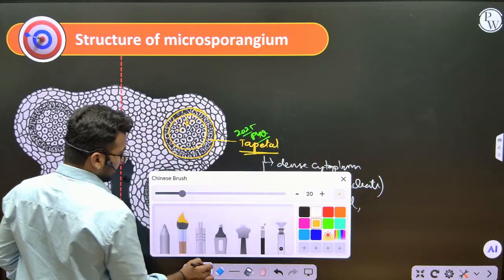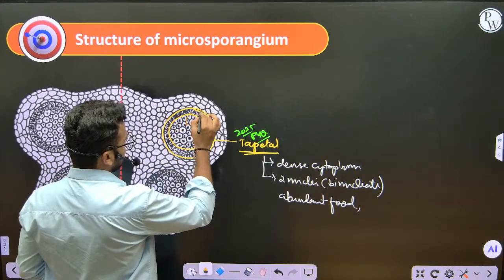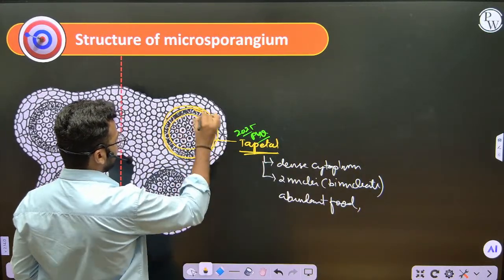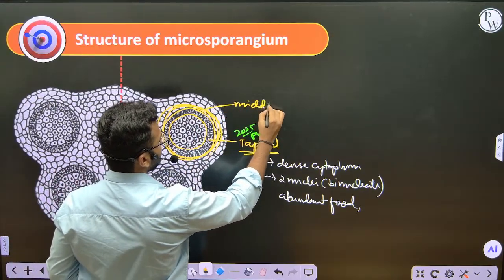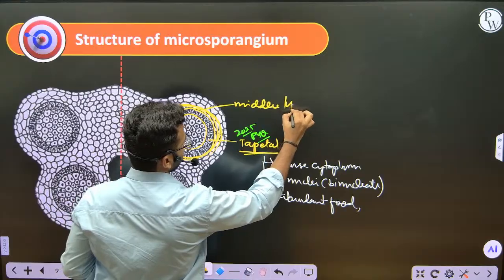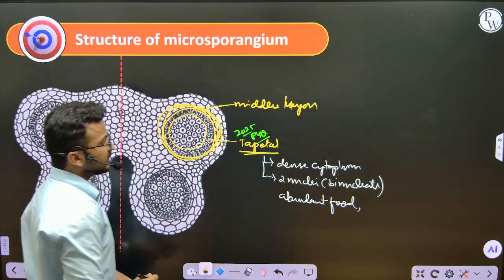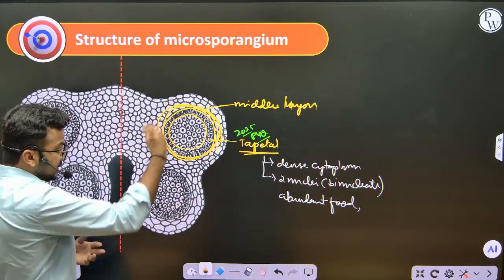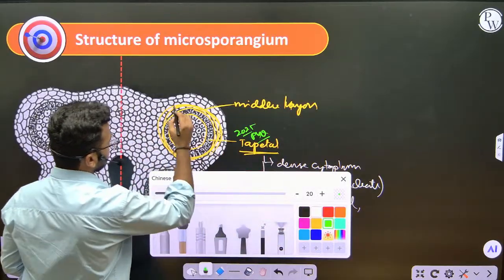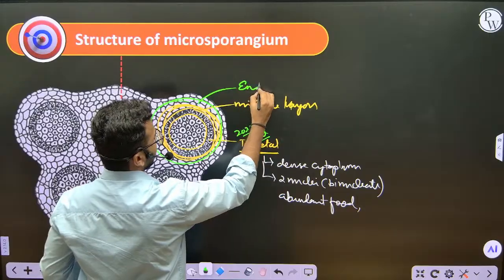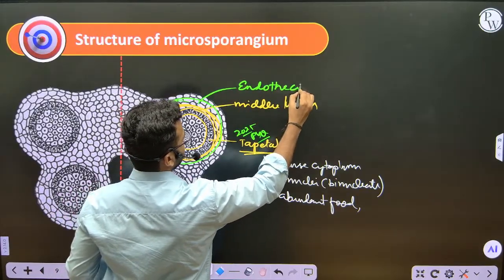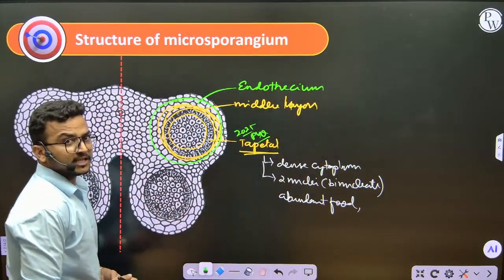Next to the tapetal cells, there will be multiple layers, which we call the middle layers. Next to the middle layers, what you are seeing, we call this the endothecium.